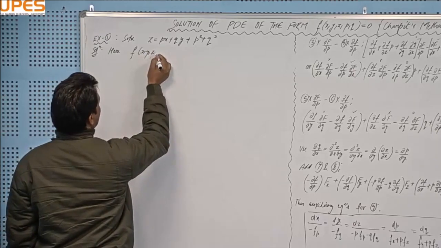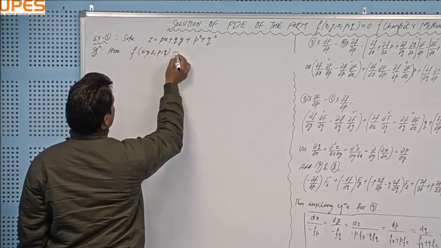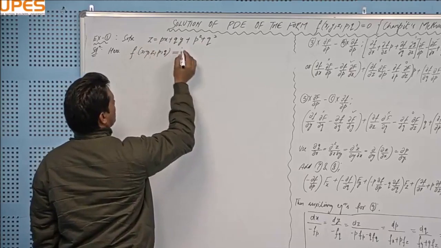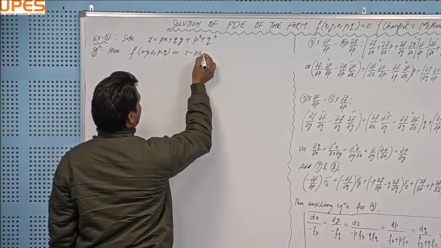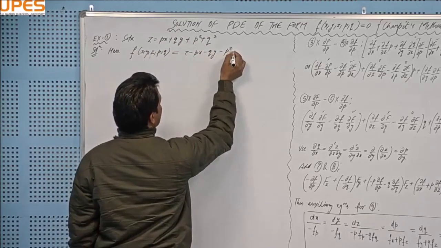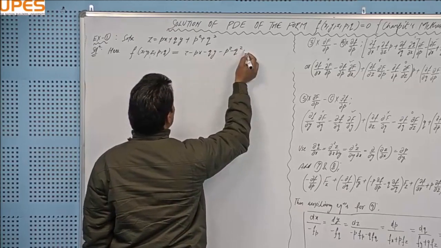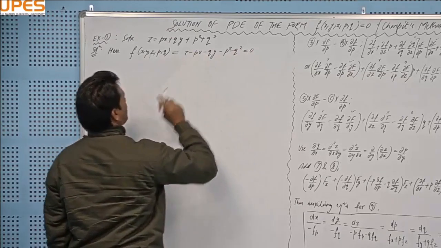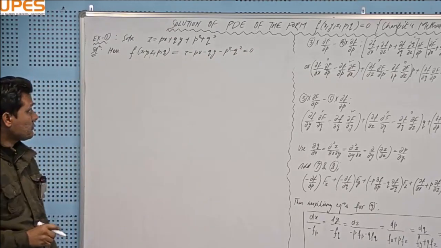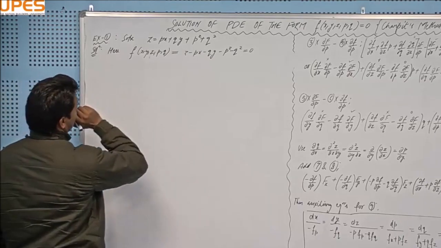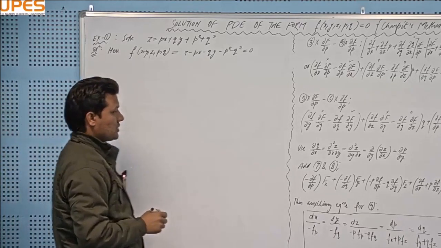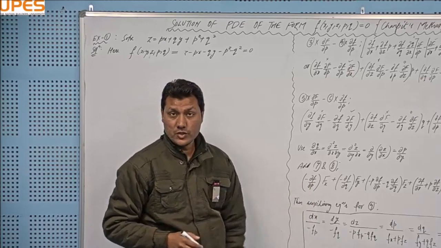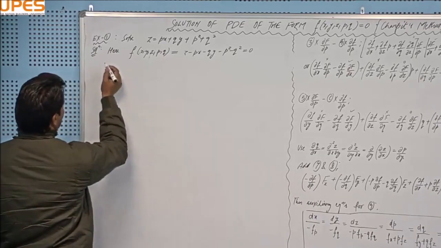You can write it as f of x, y, z, p, q, and that is equal to, I take all these terms here, z minus px minus qy minus p square minus q square. I'm going to write it as 0. This is the relation, this is given, right? And then I have to use this auxiliary equation in order to solve, right?